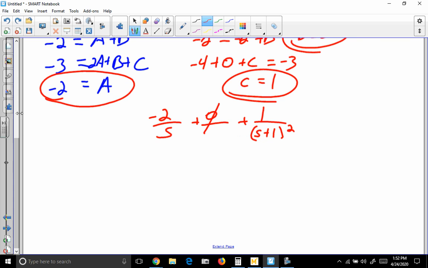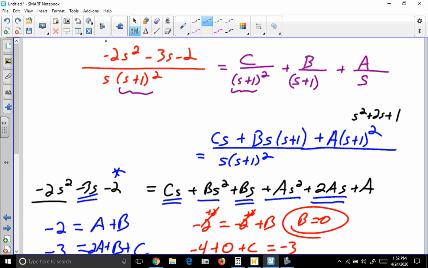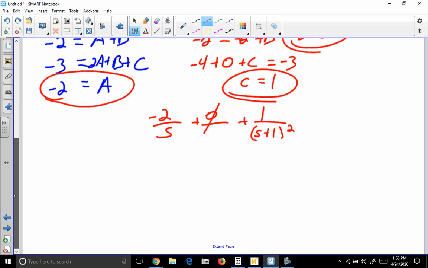So our original problem that we would want to transform is too messy to transform in its current situation. It doesn't look like any of our transformations or inverse transformations. So we can do partial fraction decomposition to rewrite it into something that hopefully we can figure out how to transform.